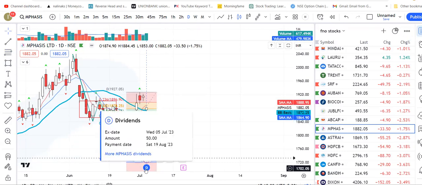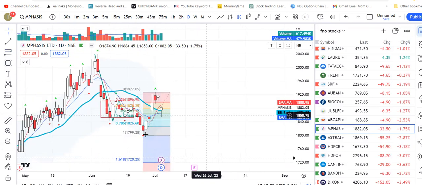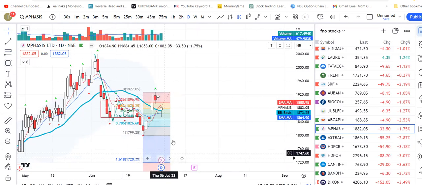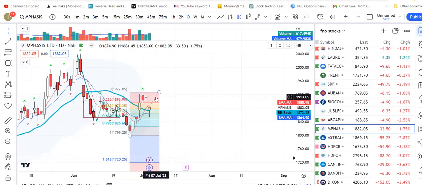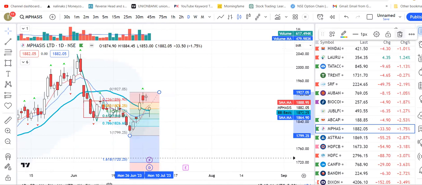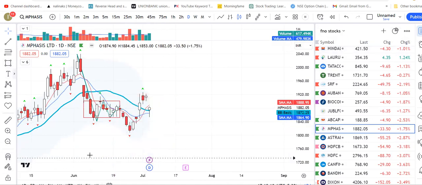I think today, what is the date? 5th July. Because of the dividend payout, Emphasis has corrected, and the price has adjusted to this level. It has gapped down and adjusted. So if you carefully see the structure, you can look for a trade in this also.